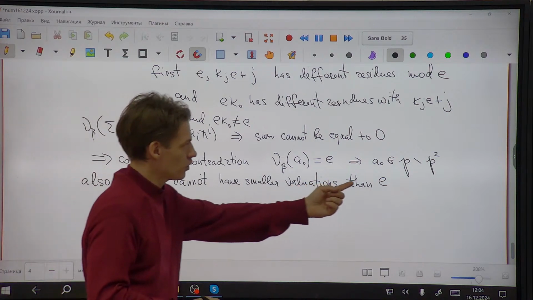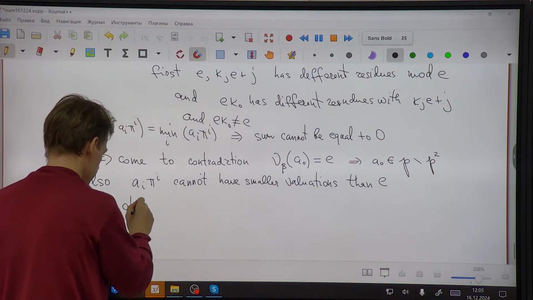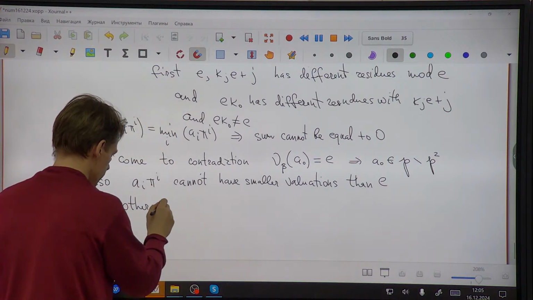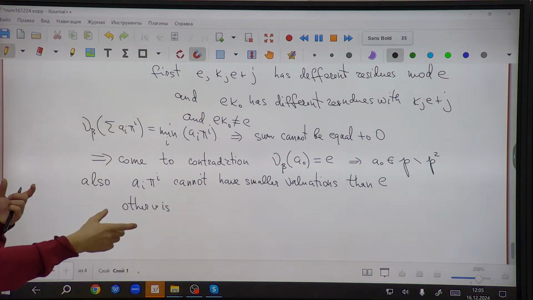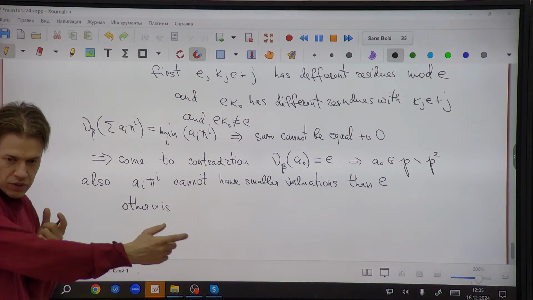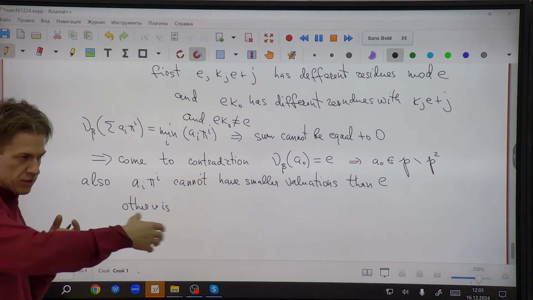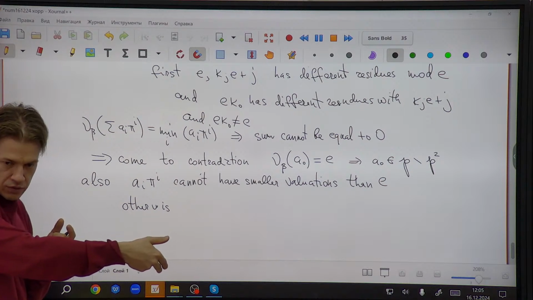But if they have larger valuations, they also can cancel, because you are canceling PI with A0, and the difference can have terms that have larger valuations than A0. Yeah, that's true.